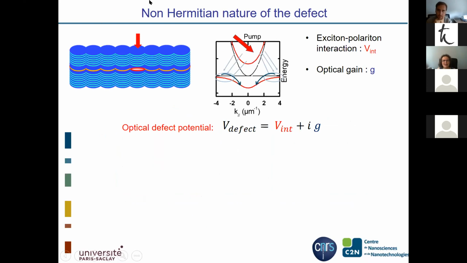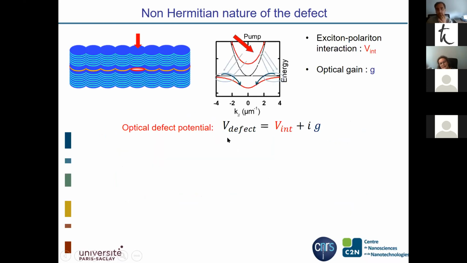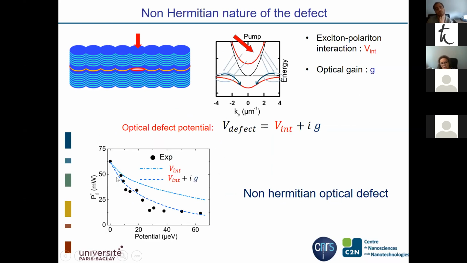If we want to really reproduce this effect, what is also interesting is that if we only include the blue shift, we don't manage to reproduce the experimentally measured reduction of P2. We need to include something more, and this something more is some gain. Actually, we create carriers and excitons when we pump non-resonantly.